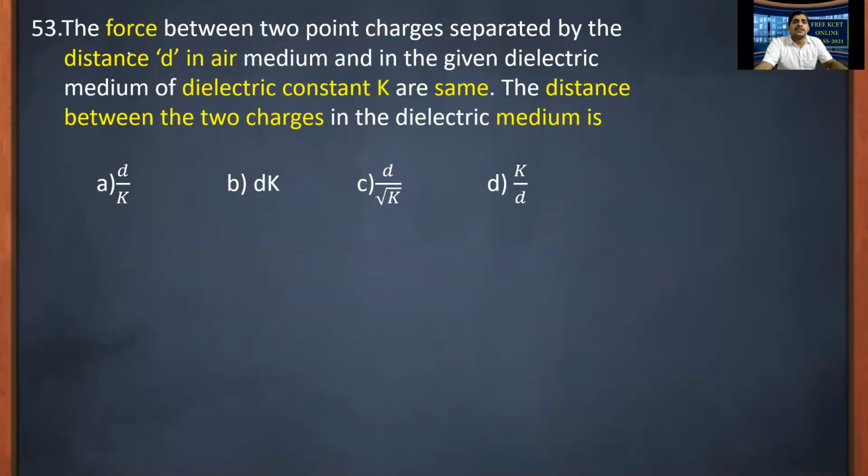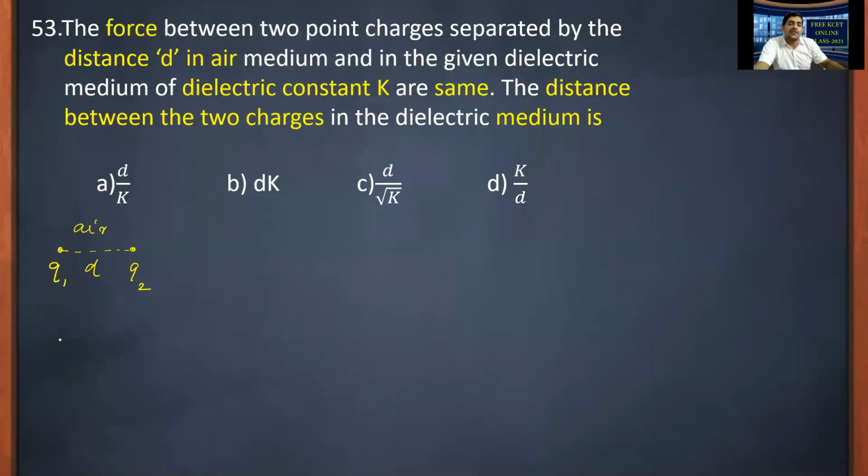Right. The force between 2 point charges separated by a distance d in air, and in the given dielectric medium of dielectric constant K, are same. Say I take one charge Q1 and another charge Q2, and I keep this at a distance d in air medium.